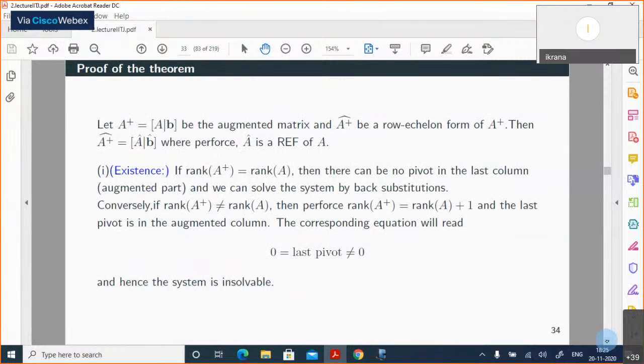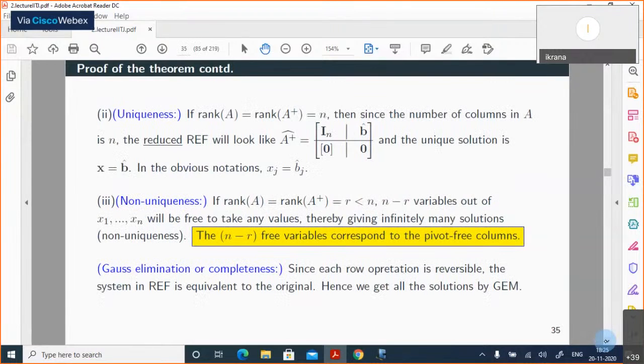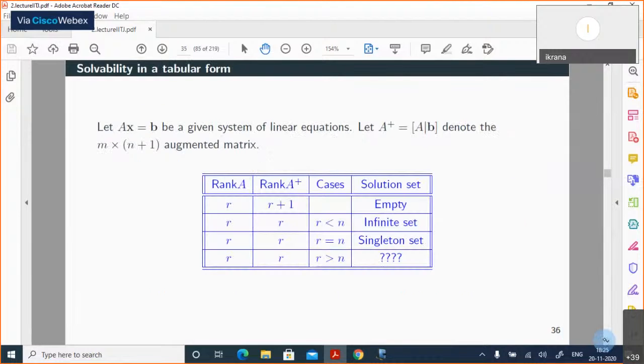Well, I'll just discuss the proof, so I won't go through the proof here. You can write down everything. As I said, n minus r free variables will be there to write down the solution. So this is in a nutshell the rank of A plus.